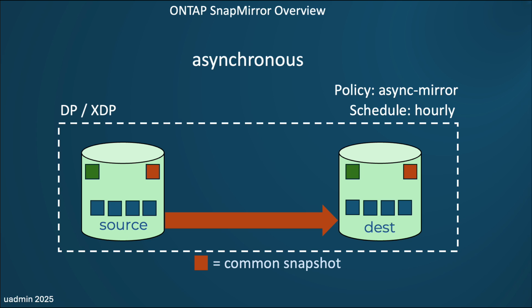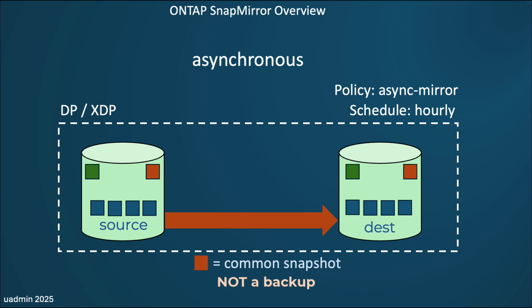Now there's a policy type called async mirror, which will do just that. So every time an update takes place, either manually or scheduled, all changed blocks from the source will be replicated to the destination, so after the update is finished, the source and destination will be identical again. So this is an asynchronous mirror with the async mirror policy.